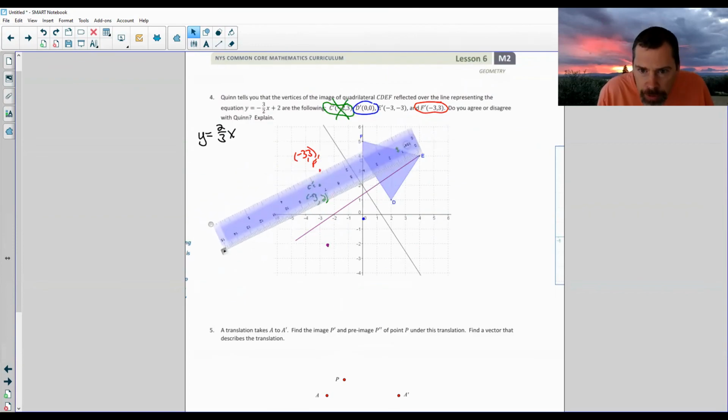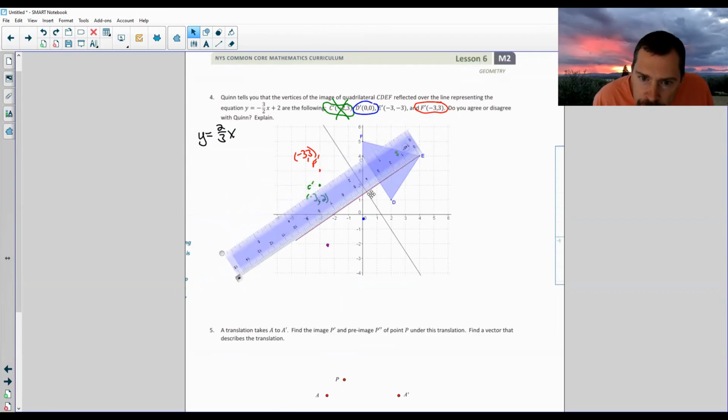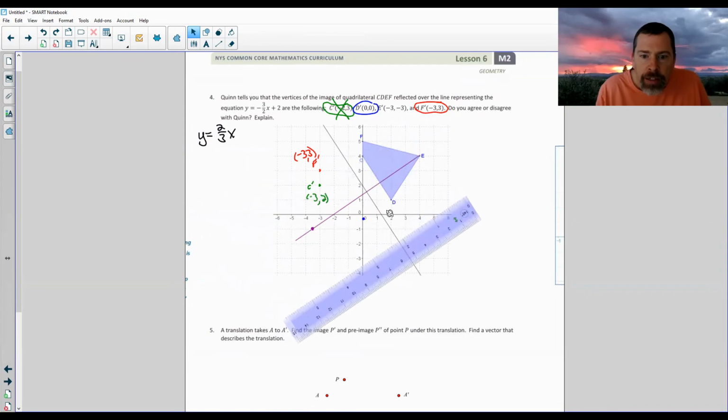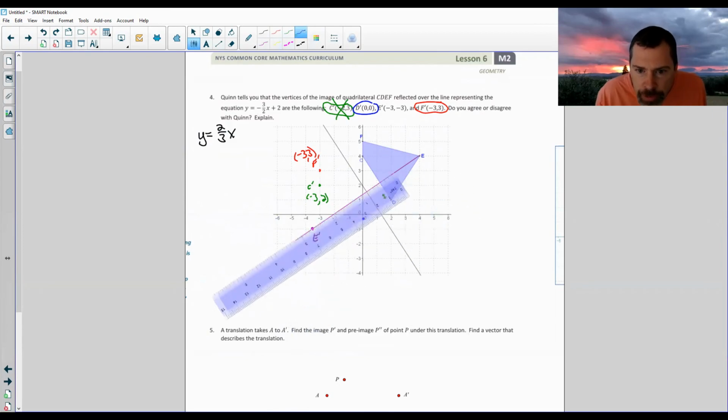This is probably the best way to do it. Measure, rotate. So from E to this line was 4 and a half. So I need to go 4 and a half more, which is a total of 9. So it would be right here. Okay, so there is E prime. And D prime, let's check D prime.